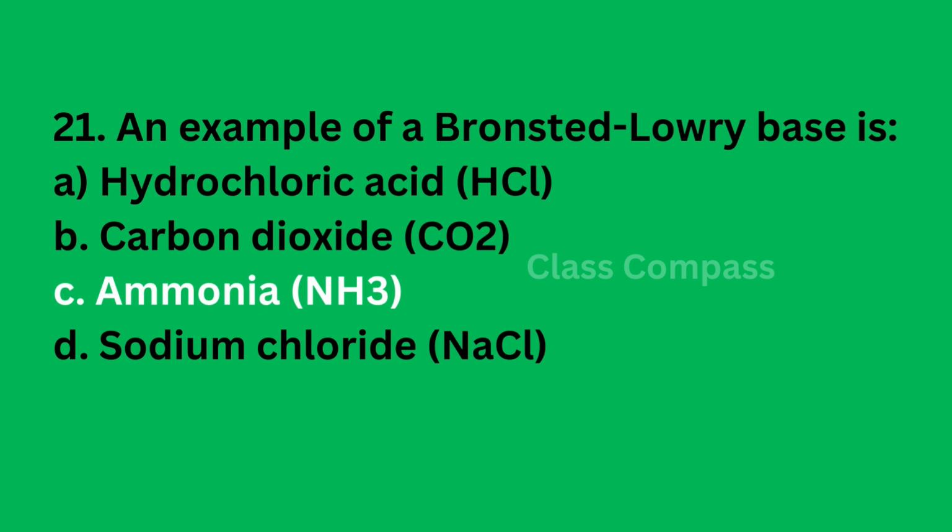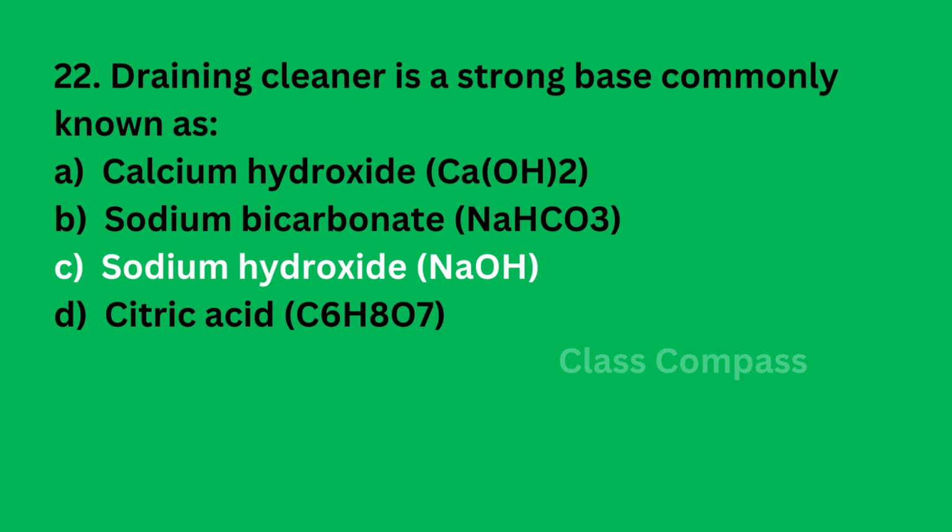C. Ammonia, NH3. D. Sodium chloride, NaCl. Answer is C. 22. Drain cleaner is a strong base commonly known as A. Calcium hydroxide, Ca(OH)2. B. Sodium bicarbonate, NaHCO3. C. Sodium hydroxide, NaOH. D. Citric acid, C6H8O7. Answer is C.